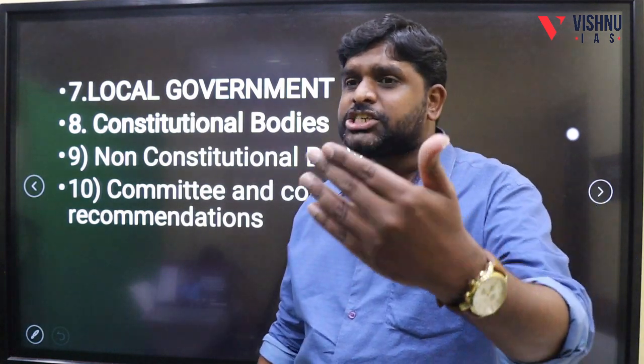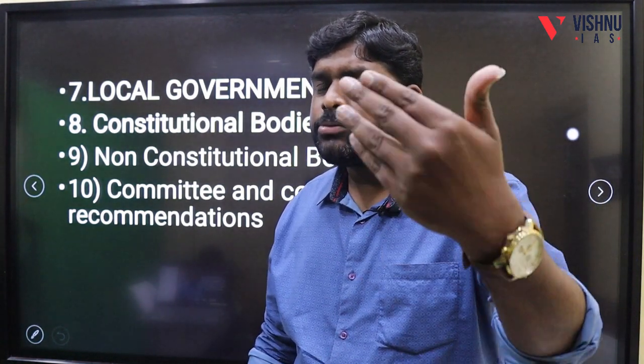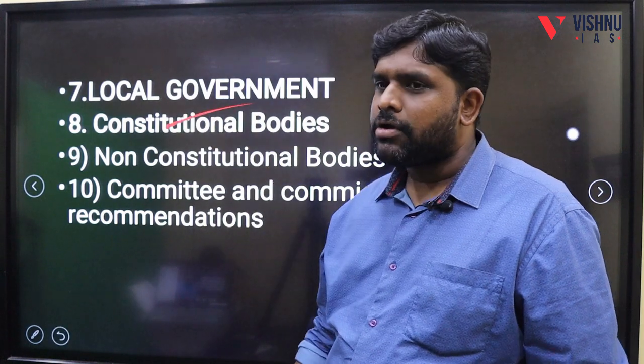Constitutional bodies: Election Commission of India, Union Public Service Commission, Comptroller and Auditor General of India.